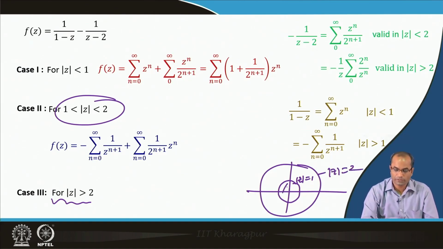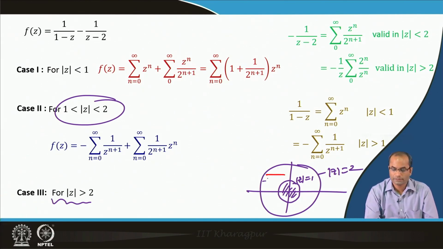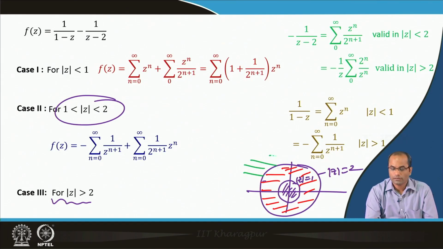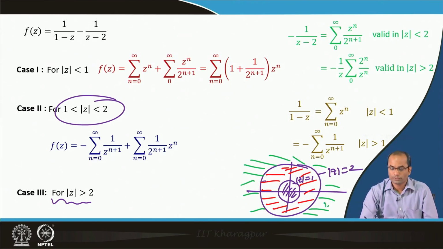We have seen what kind of expansion we have inside the inner circle, and what kind of expansion we are going to have in the annulus region. Now we will see what kind of expansion to expect outside of this disk, that is, mod z greater than 2.